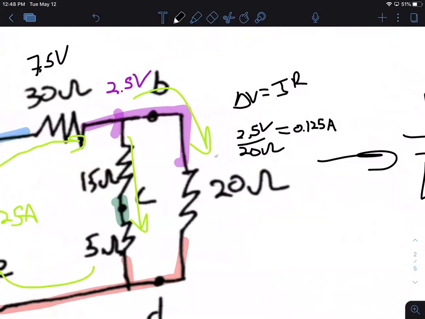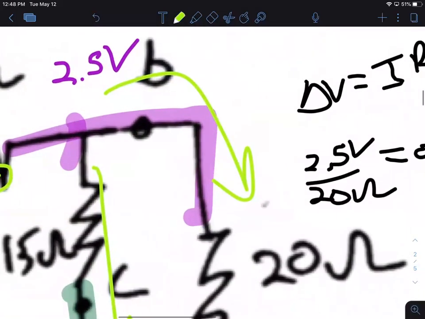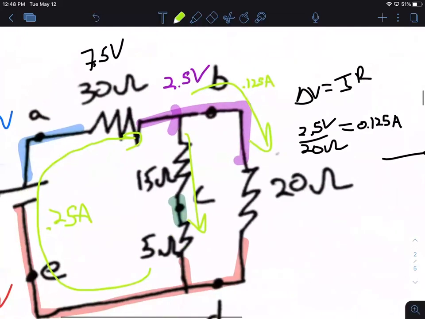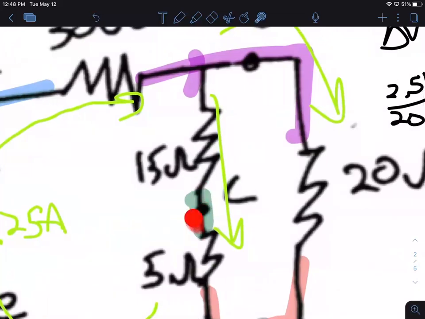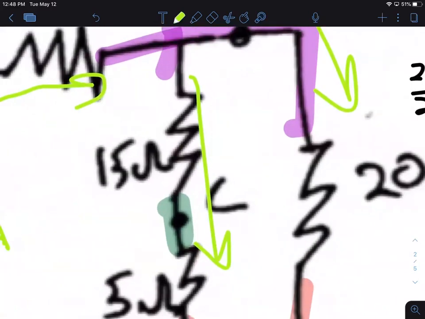0.125 amps. Now I have two options. Since I don't know this, I could combine these two. That'd be 20. And then, if they're combined, I'm going from 2.5 to 0, and I would find then that the current is 0.125 as well.